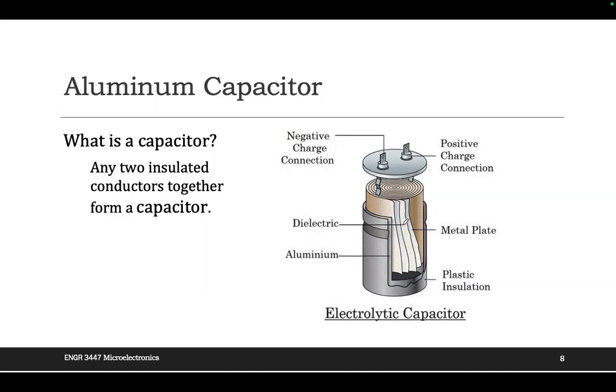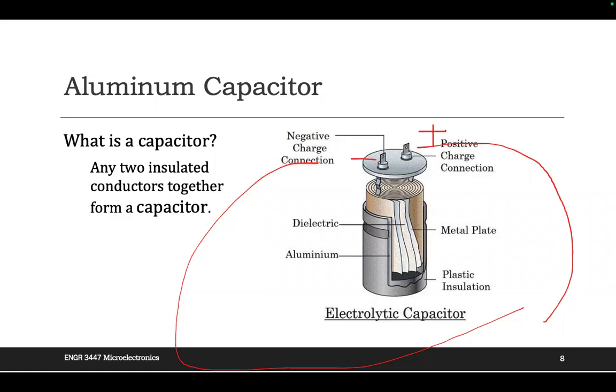When it is charged, the positive will gather here and the negative here. When it discharges, you can connect it to a resistor and other things, and it will have a current. That makes sense to you? It's just like a battery. Any questions so far?